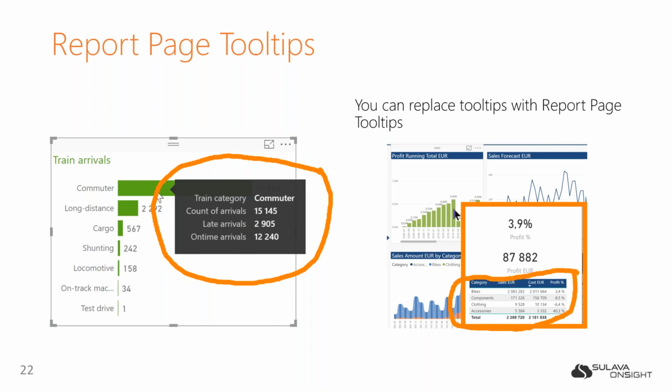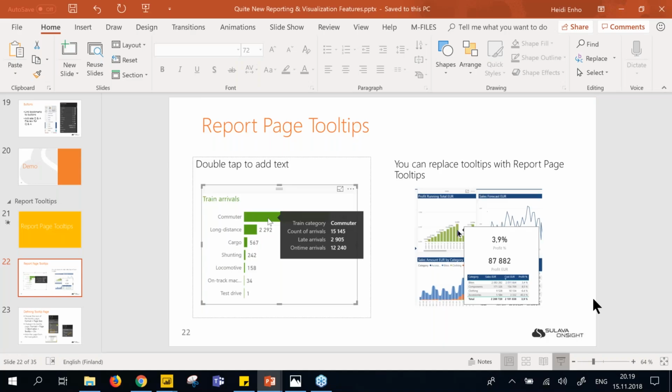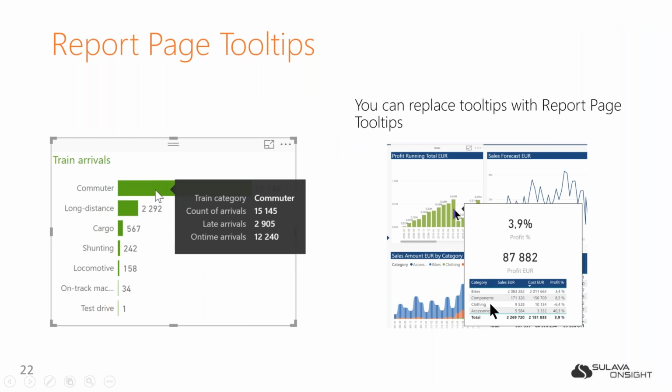For example, here I have only these 4 product categories, because I know that this company doesn't have more product categories than these 4. If there would be more product categories and this table would have a scroll bar, the user can't use those scroll bars while viewing these tooltips.